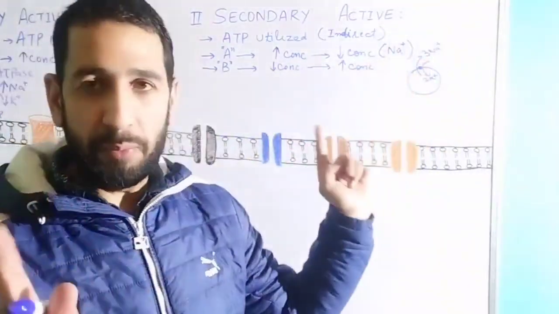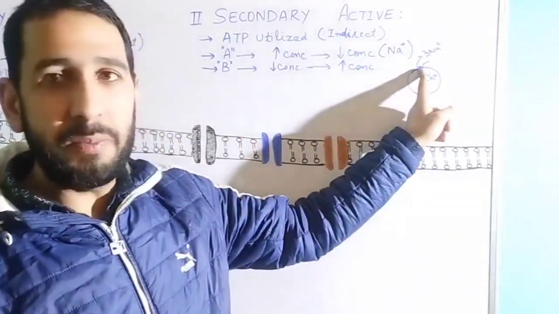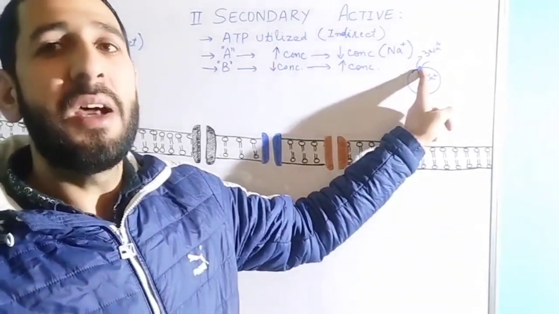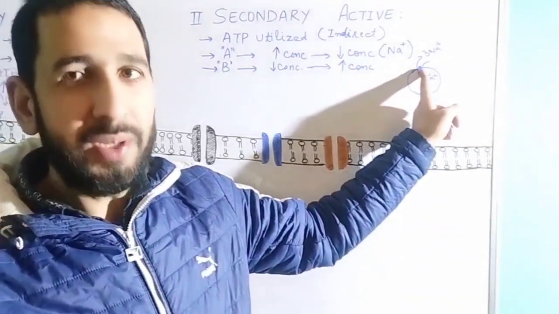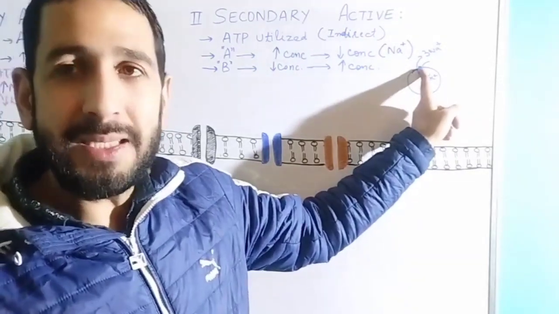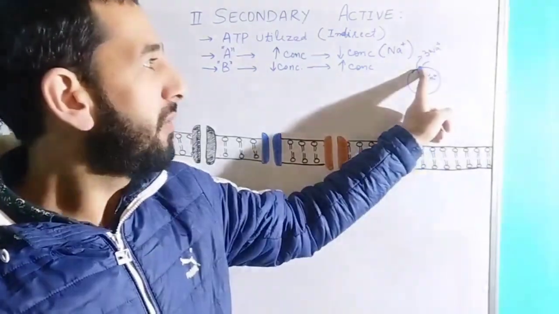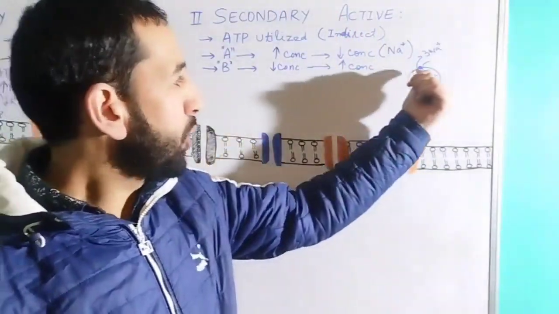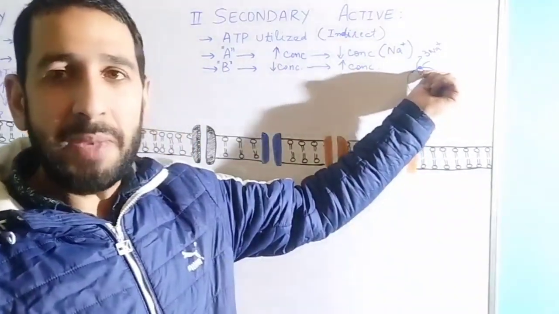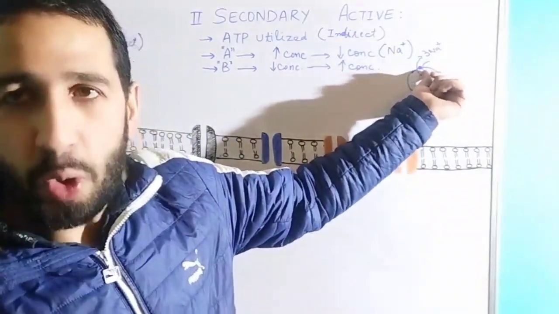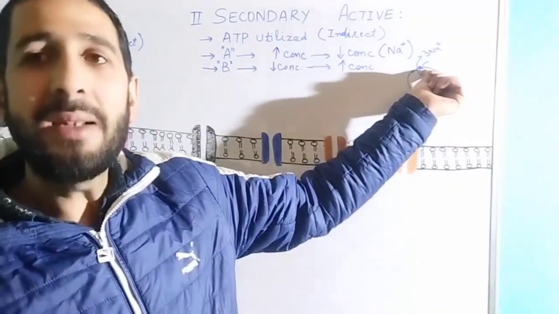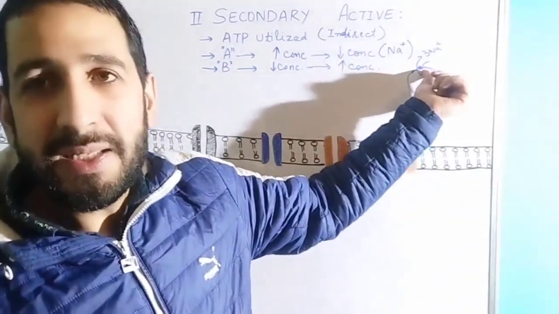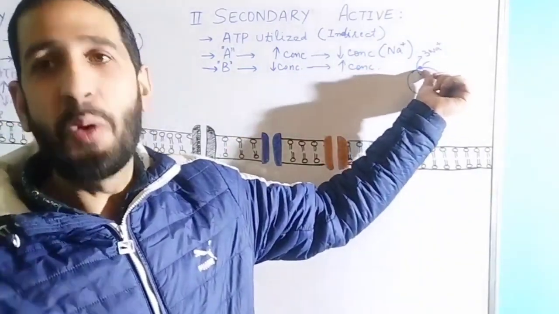One more time, sodium potassium ATPase is not the example of secondary active transport. I'm just revising what we have talked about in primary active transport, because it is the sodium potassium ATPase on which our secondary active transport depends. So the sodium potassium ATPase makes sure that there is low sodium concentration inside the cell and high sodium concentration outside the cell, because it is continuously sending sodium ions out of the cell.